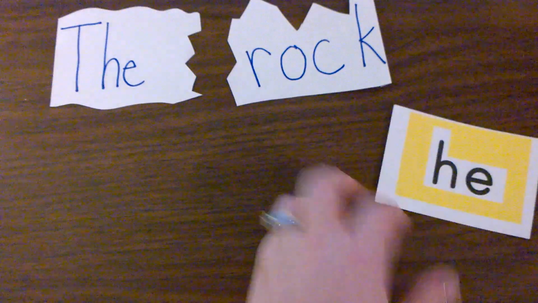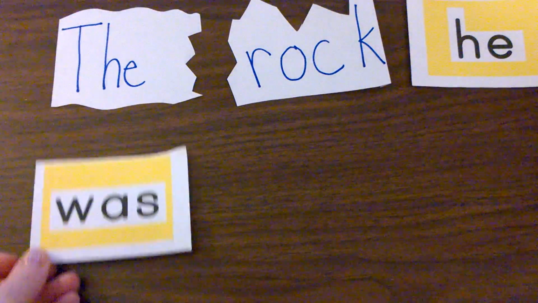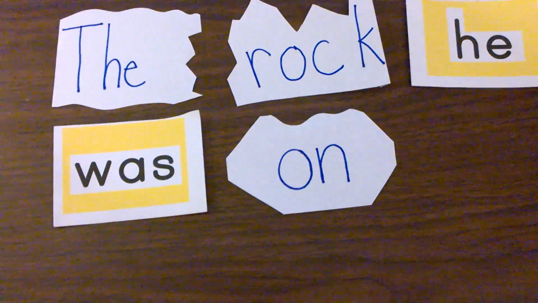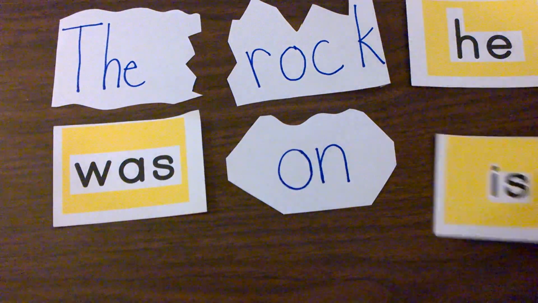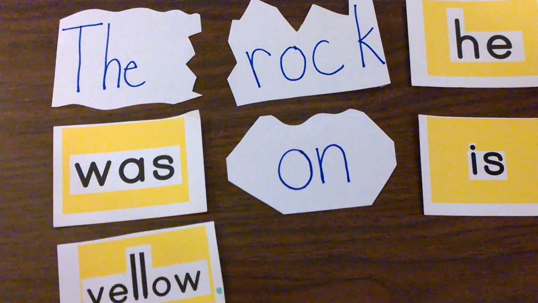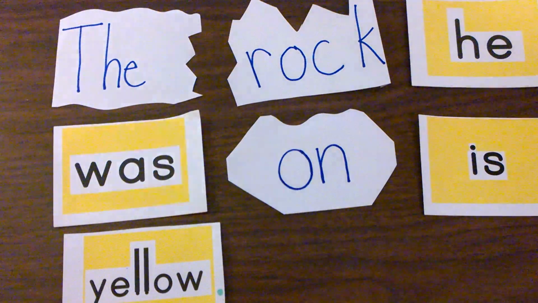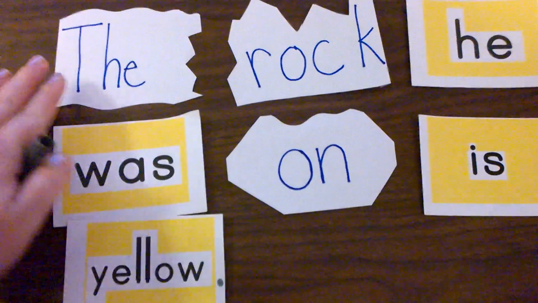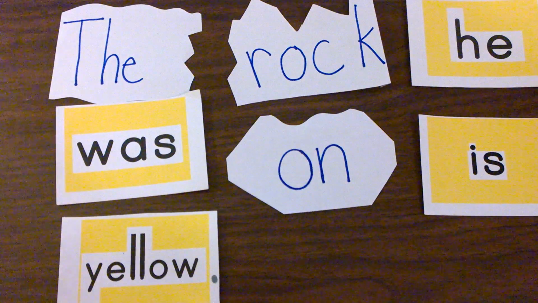We have to start every sentence with a capital letter, so we'll use the with a capital T. The rock he was on is yellow. We'll need to add a punctuation mark of a period to the end of this sentence because every sentence has to end with punctuation.